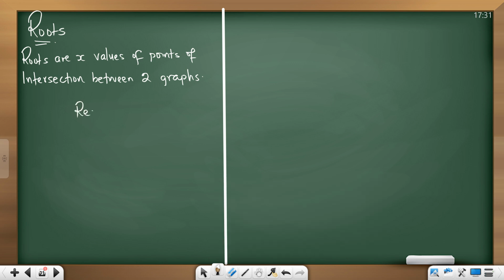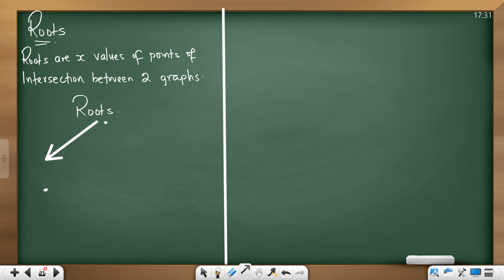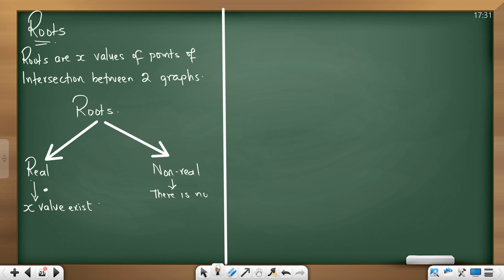Roots are going to be either real or non-real. The word real means that x value exists. Non-real means there is no point of intersection.